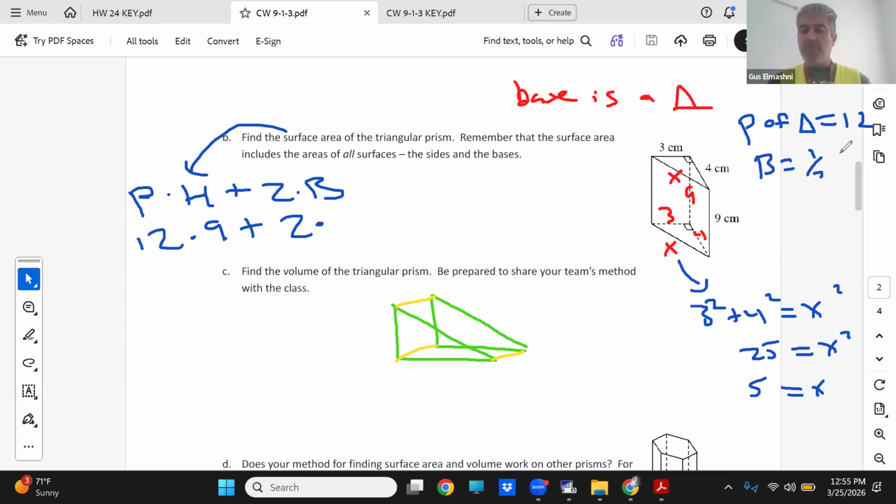Yeah, exactly. 1/2 times 3 times 4, right? So you get 6. Good. So you get 108 plus 12, which is 120 square units.